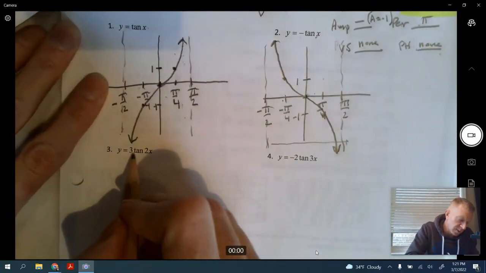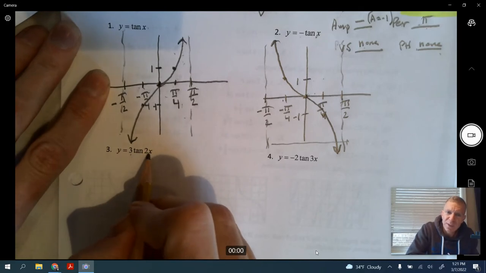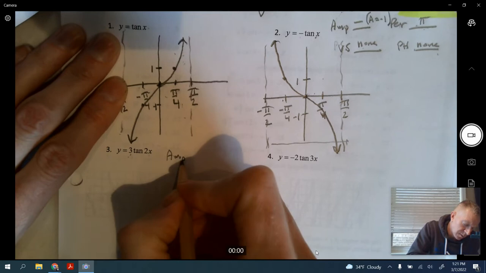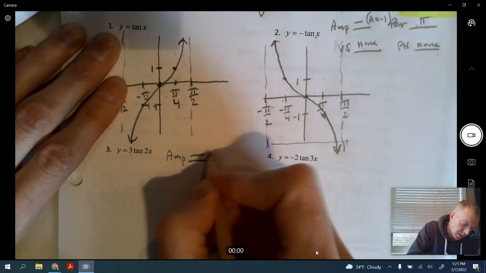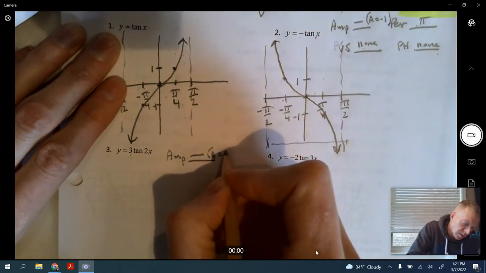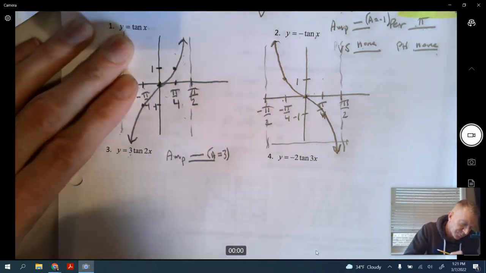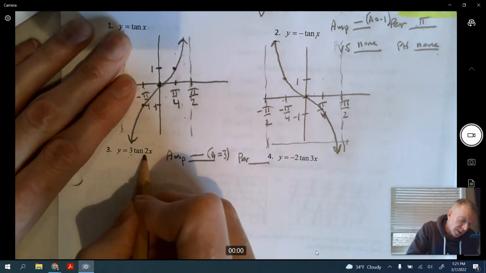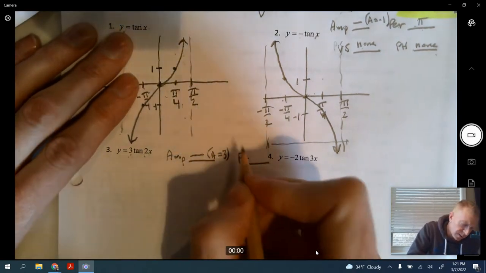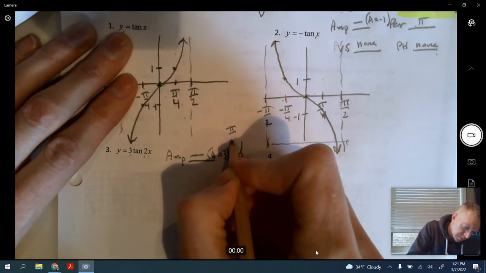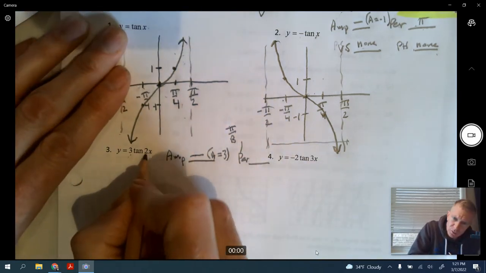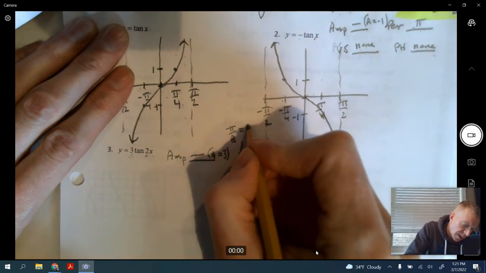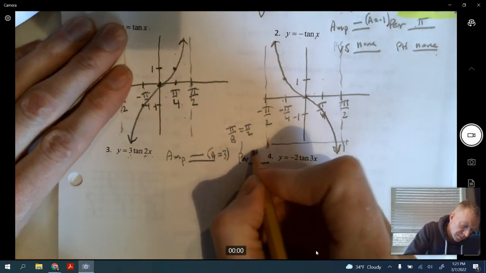Now we're going to see what happens here. The a value is different and the b value is different. So the a is 3. Let's do the amplitude. Remember, there's no amplitude, none, but the a value is 3, and that's important. Period we calculate as pi over b. Our b value is 2. B is the coefficient of your angle, so we're going to get pi over 2 for the period.